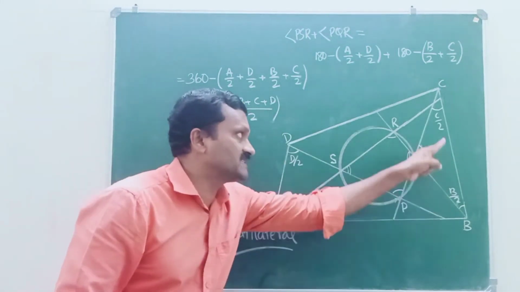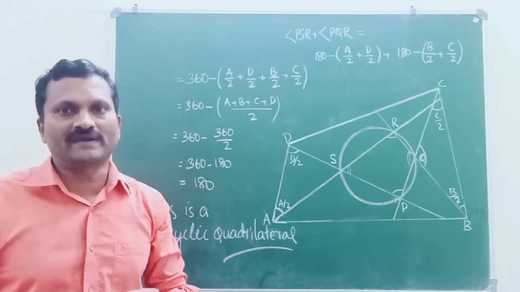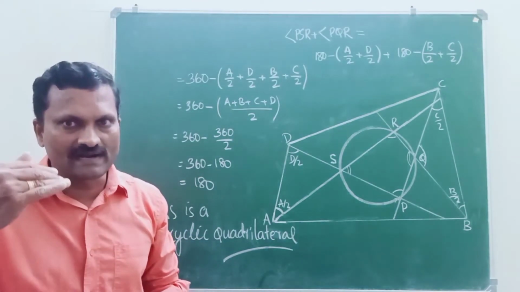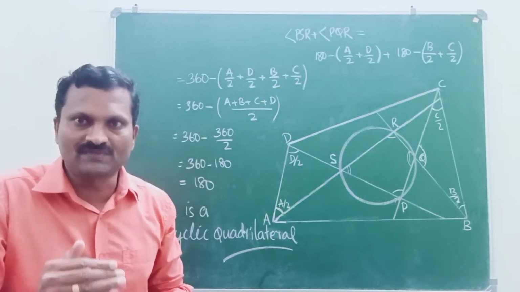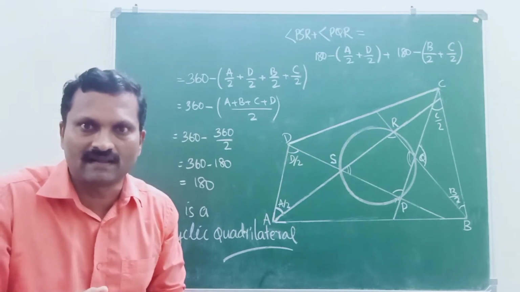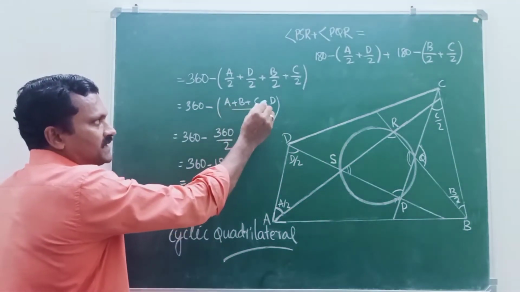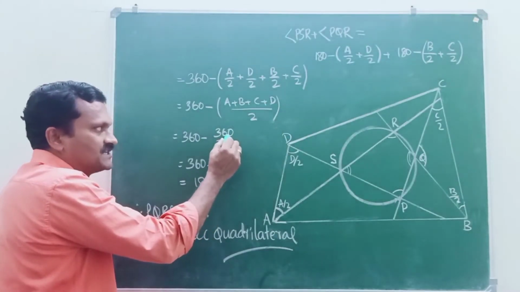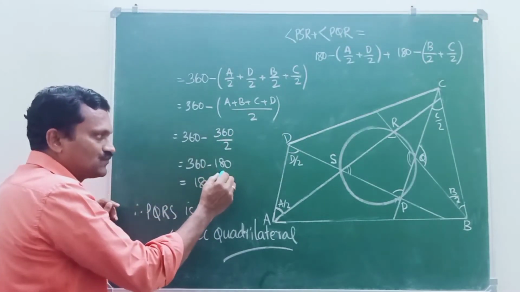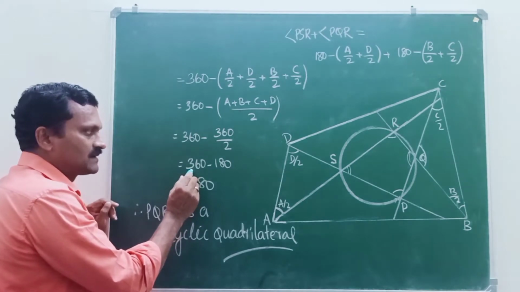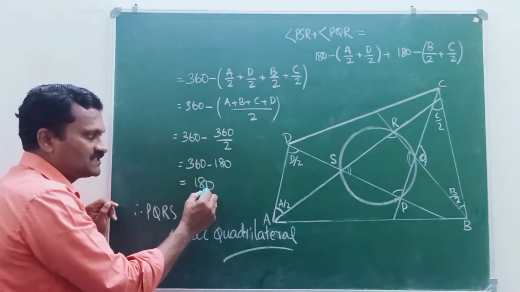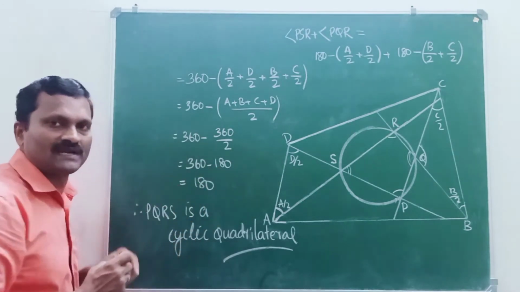Here A, B, C, D are the angles of a quadrilateral. It is already learned that the sum of the angles in a quadrilateral is 360 degrees. Therefore, (A plus B plus C plus D) by 2 is 360 by 2, that is 180. Then the answer becomes 360 minus 180, which is equal to 180.